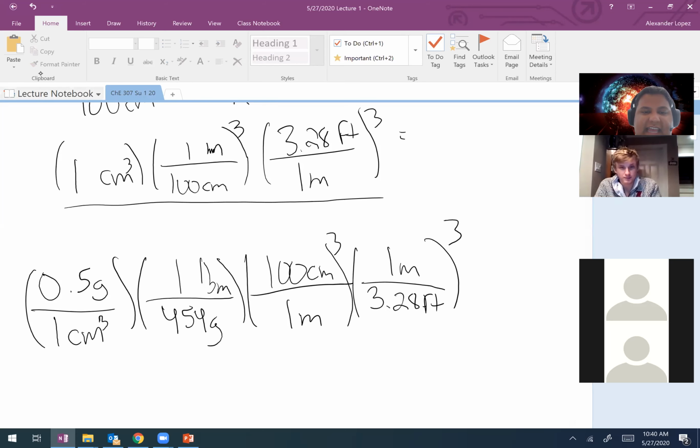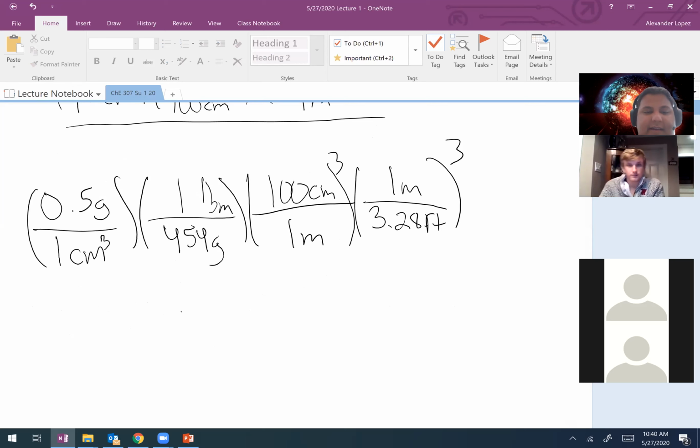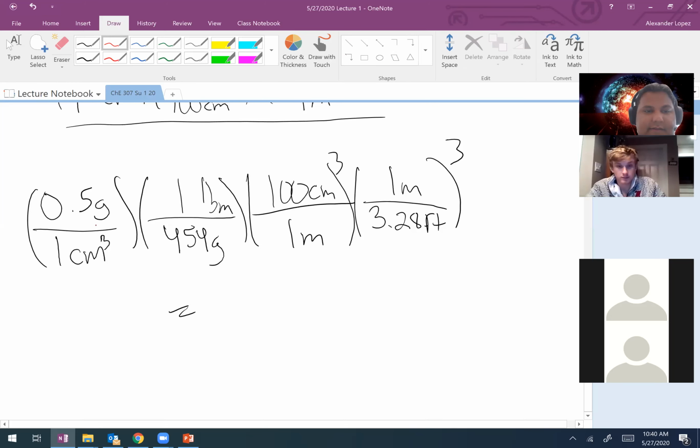So what does that density now become? Doing a quick check of my units: grams cancels, cubic centimeters cancels, cubic meters cancels, and so I'm left with pound mass per cubic feet.